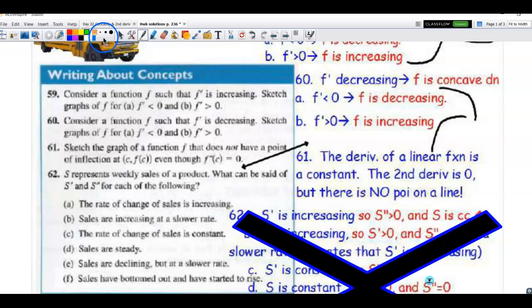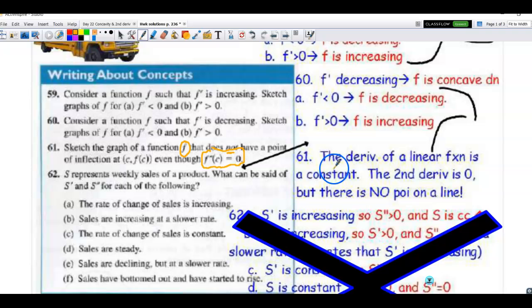In number 61, we are sketching the graph of a function. It's always about the original function that does not have a point of inflection at c, f of c, even though the second derivative is 0. So let's think about the second derivative being 0. If the derivative, so think about a linear function.